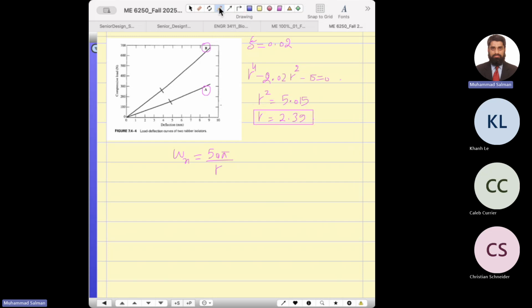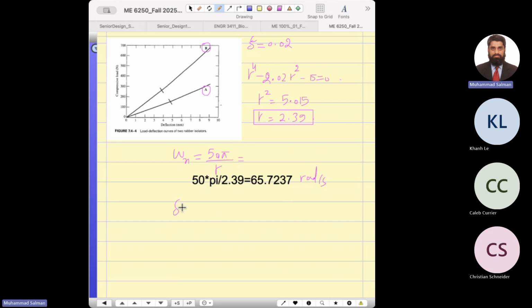So what is r equal to if you plug it in? Let me write down over here: 50 times pi divided by r. I got the natural frequency is 65.7 radians per second.